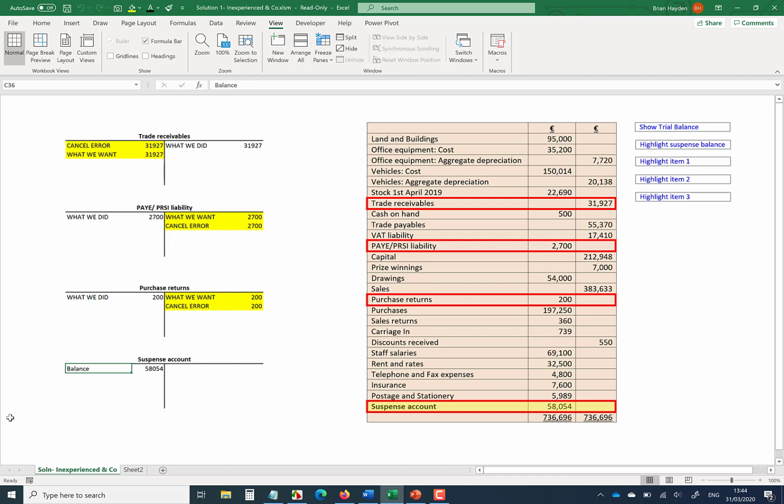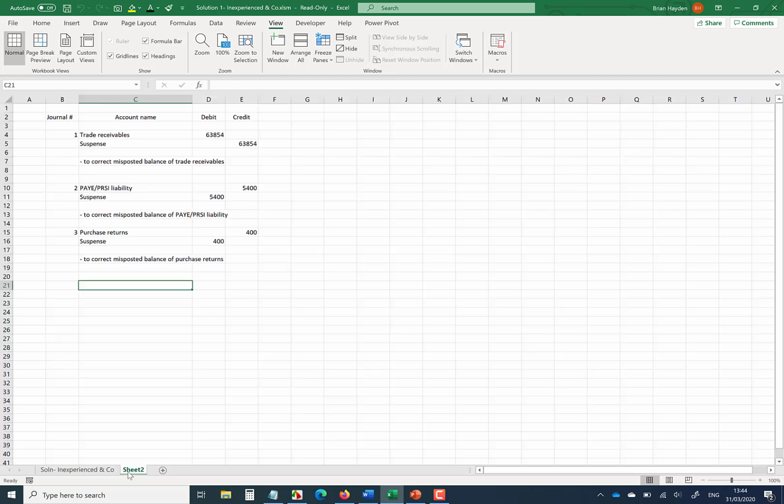And now what I'm going to do is switch to the journal entries. This is the formal part of the solution. We're asked to prepare journal entries to correct the errors that we've identified. Okay, so switching to the journal entries. So I need to debit trade receivables with 63,854 and credit suspense with the same amount.